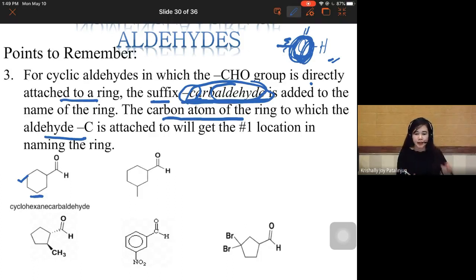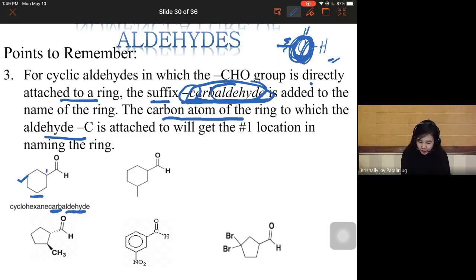That is to indicate that you have a cyclohexane ring, then there is a direct attachment of the aldehyde group. Particularly, the aldehyde group is attached to one carbon, one carbon of the cyclohexane itself. Okay? You don't need to allocate the location of a lone aldehyde on the cyclic ring, because automatically, that is carbon 1.